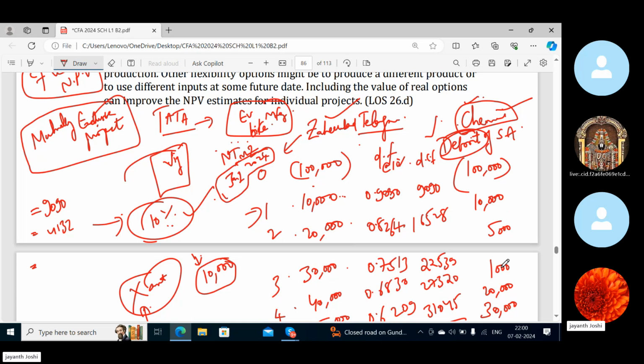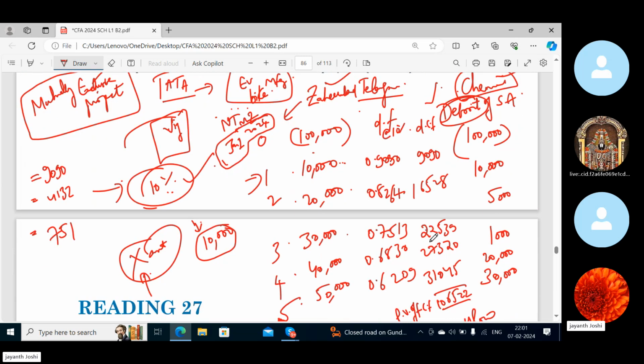1,000 into 0.7513, 751. 20,000 into 0.6830, 13,660.